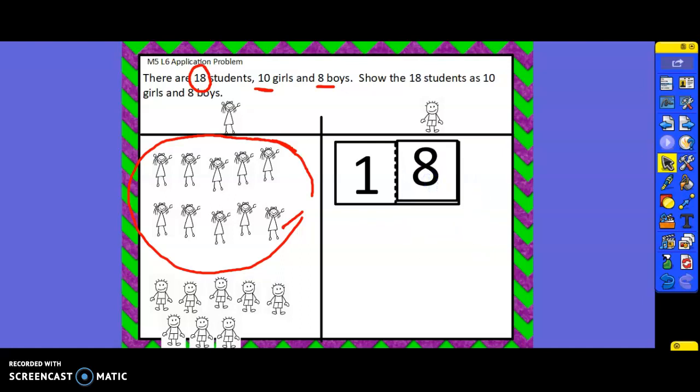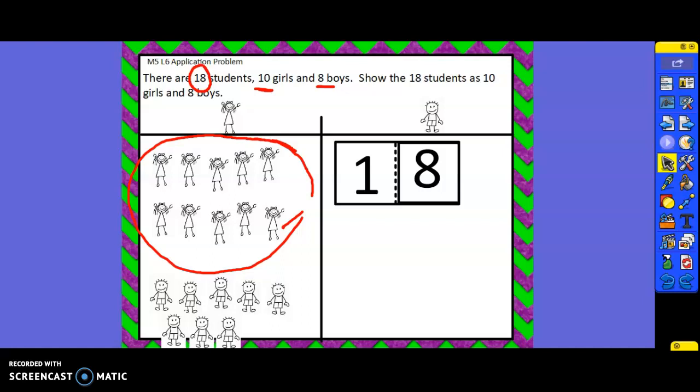Look at that. These cards right here are called hide 0 cards because when you take your 10 and we take our 8 and we put them together, it hides that 0 of our 10, because the number 18 is really a 10 and 8 more, 8 extra ones.